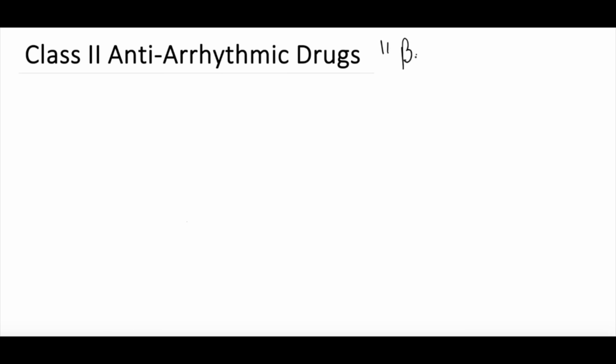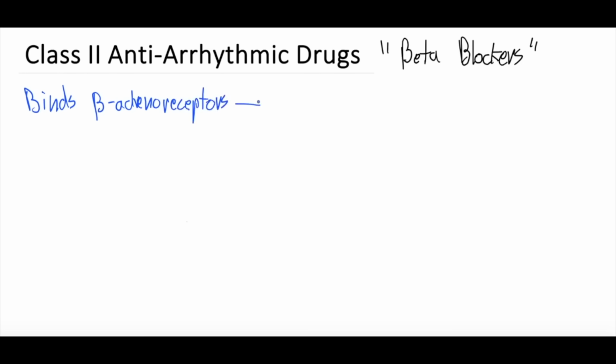Also known as beta blockers. So this class of drugs is a little, I don't want to say less confusing than the other classes, but it doesn't go into the cardiac action potential as we've been talking about with the other antiarrhythmics. This class of drugs actually binds to beta adrenoreceptors, and as such, they block norepinephrine and epinephrine, which are sympathetic surge types of molecules.